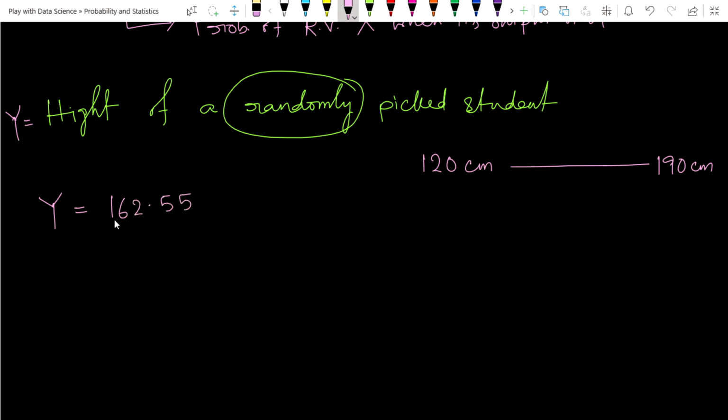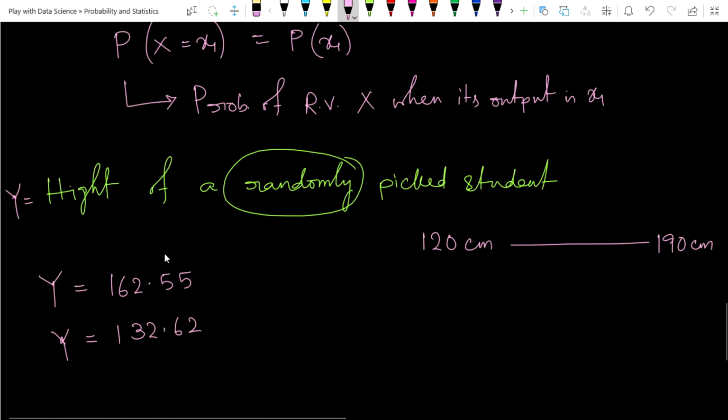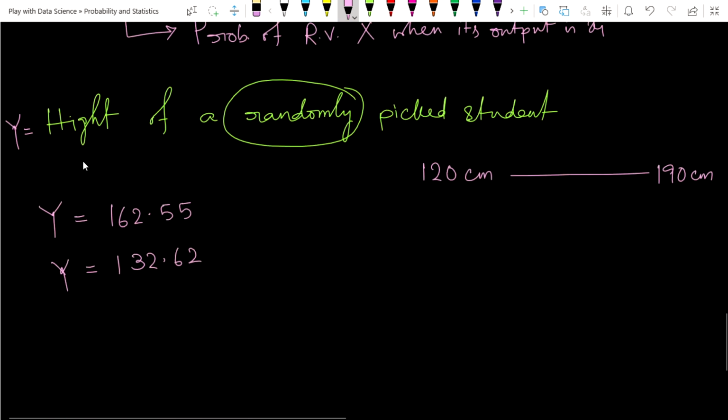Now in the next experiment we pick another student, and suppose we find a height of 132.62. So just see that for these cases, the height of a picked student lies between 120 centimeters and 190 centimeters, and its value could be anything in this range.